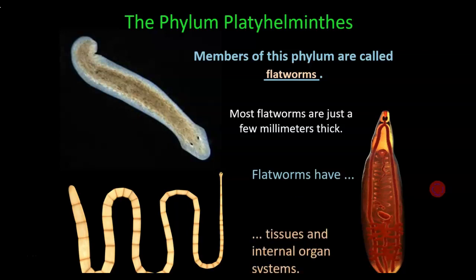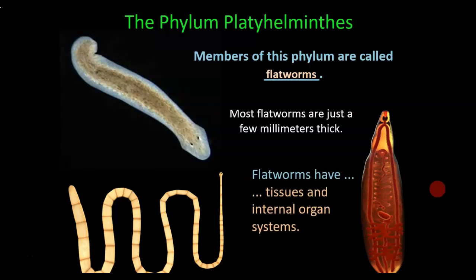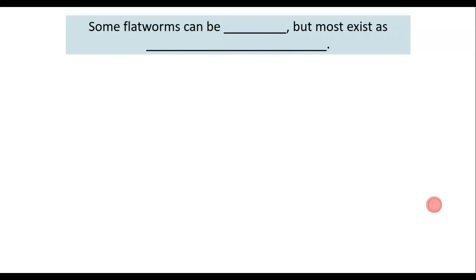Now, flatworms have tissues and internal organ systems because they have all 3 germ layers, but they don't have a coelom, and I'll keep saying that. So some flatworms can be free-living as far as their lifestyle, but most exist as endoparasites or ectoparasites.